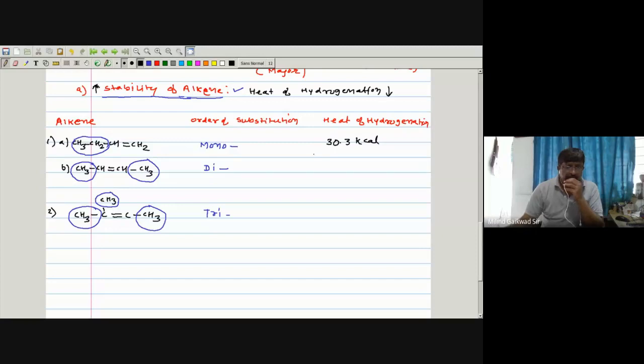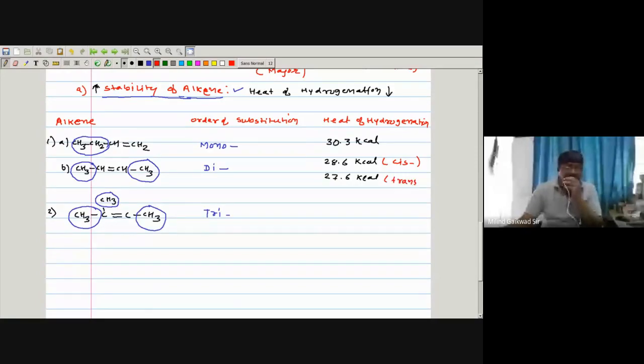If it is a cis, you have 28.6 kilocalorie, and if it is trans, it is 27.6 kilocalorie. So this is for the cis alkene and this is for the trans alkene.